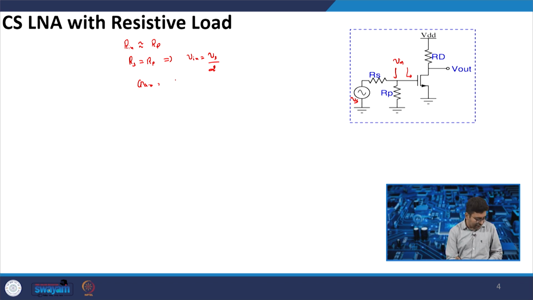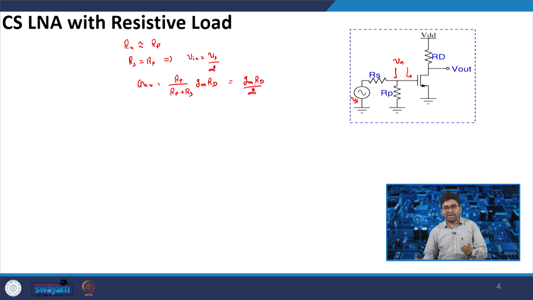If Rs and Rp are not equal, it is Rp by Rp plus Rs into Gm into Rd. This is the gain of the circuit. If Rs is equal to Rp, it is Gm Rd by 2. So, your gain will be half because you have used a resistive matching and there is a resistive load.